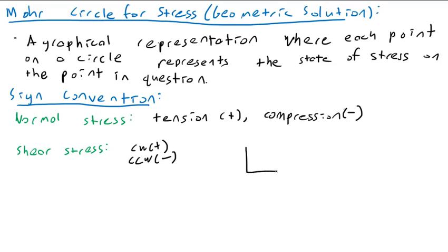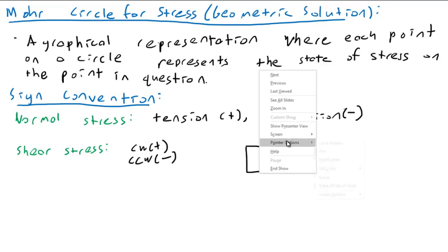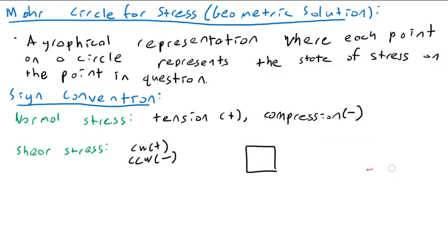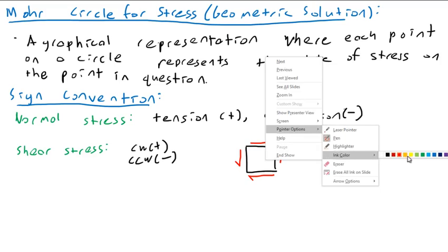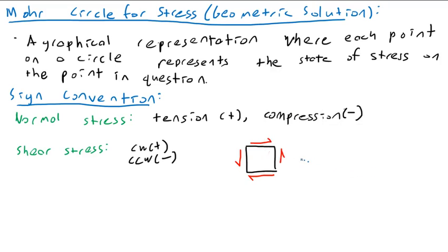So in other words, what I mean by that is like this here. If you have a stress block here, here, here, and here, we have these individual stress arrows, and this one would be negative because it's counterclockwise.